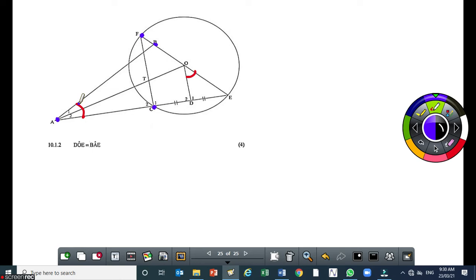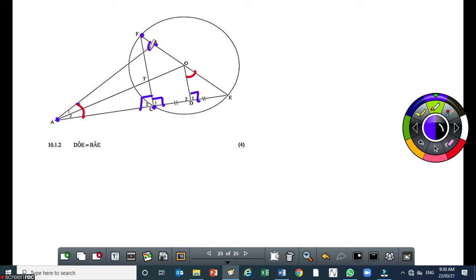But let's analyze it. We have proved that this angle is 90, that's 90. Do you agree with me that C2 is also 90? Yes. Now, if AFBC is a cyclic quad, based on the question, it means this angle here is going to be equal to that angle.